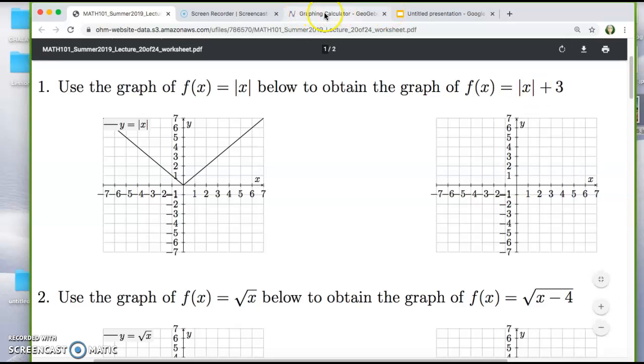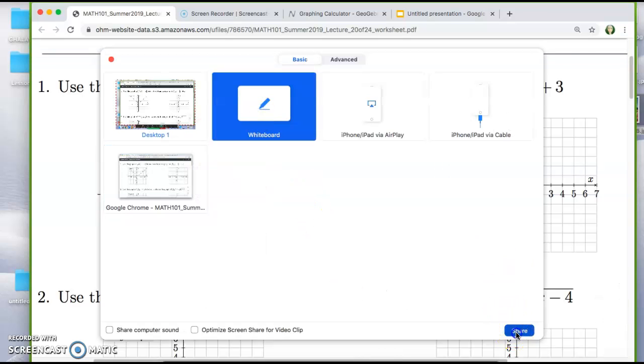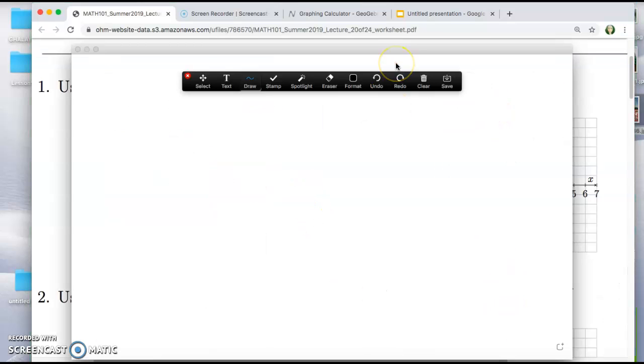Let's dissect that a little bit more. Here we have our original function, f of x equals absolute value of x, and they want us to regraph, transform it into absolute value of x plus 3.